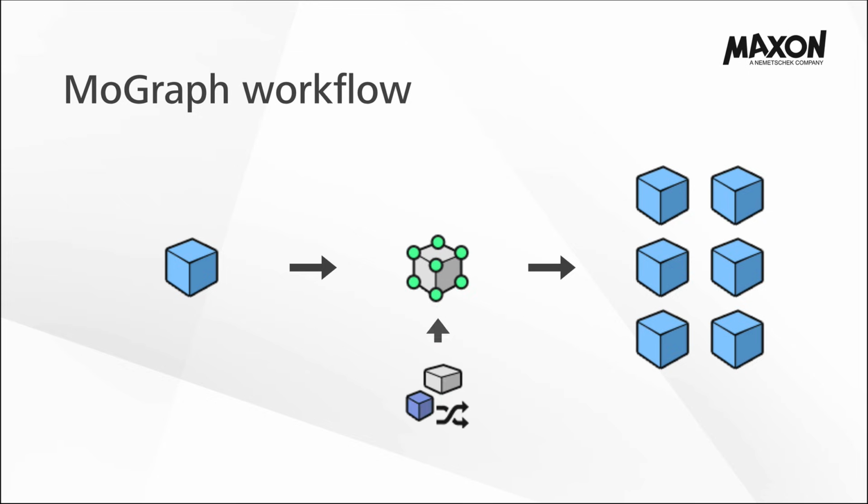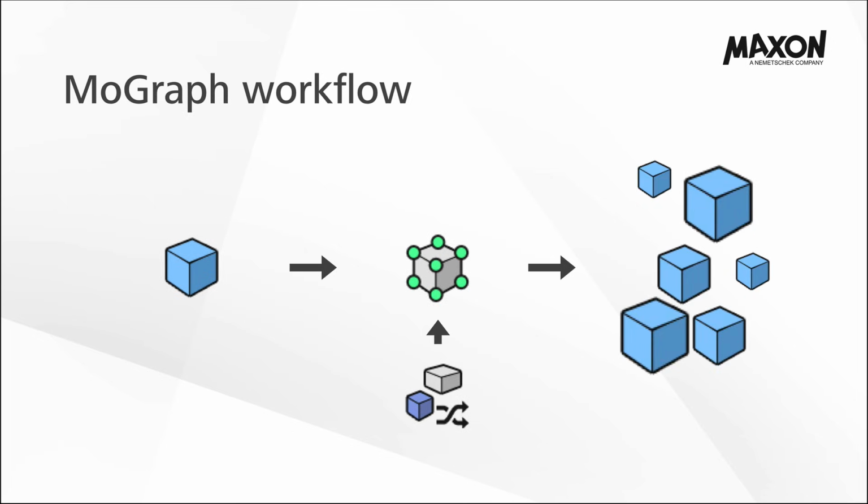As soon as you assign an effector, like in this case, it's the random effector, guess what will happen? Of course, this will randomize the whole thing. So you can randomize the positions, the scale, the rotations, whatever you want. And this is the basic concept. You have the cloner, you have an object input, you will get many objects out of it. And as soon as you apply an effector, like any effector, this will have an effect on the clones.